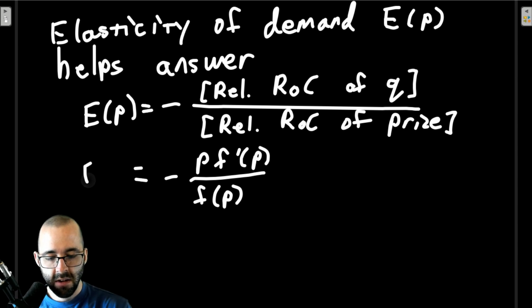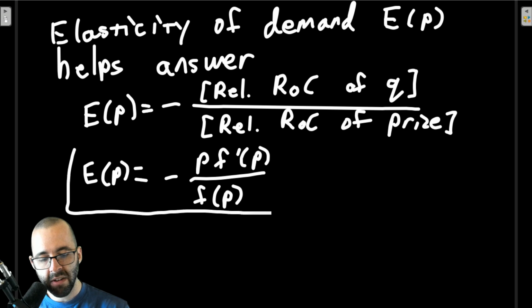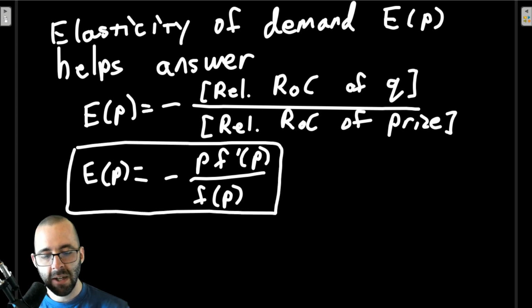So this is a function. I will give this equation to you. I'm not going to have you memorize it for the final or for the quiz this week. That's the elasticity of demand.